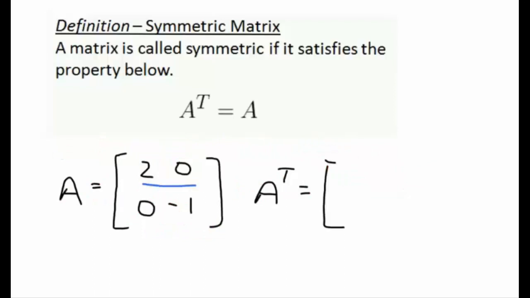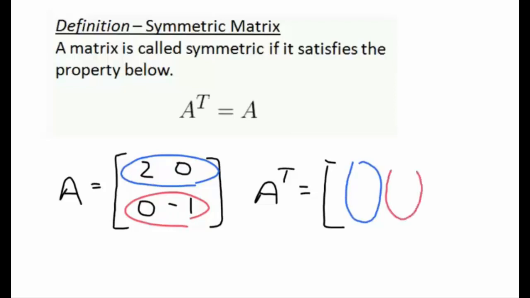Alright, so one last time here, let's take the transpose of matrix A. I will make 2 circles, 1 for each row, and my first row, which is blue, becomes my first column, and my second row, which is red, becomes my second column of A transpose. So I read off row number 1 as 2, 0, so those values go into the first column.